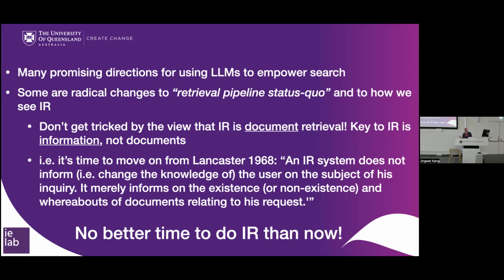And if you go back to library science, that is where IR comes from. Evangelos told you the first IR system was a library, the inverted index and so on. Well, in a library, you do information retrieval in two ways. One is you go to the index of the catalog and you find the book and you get the book. And that's what we have been doing until now, our inverted index.